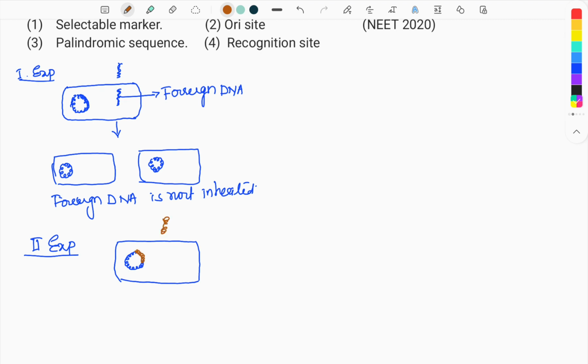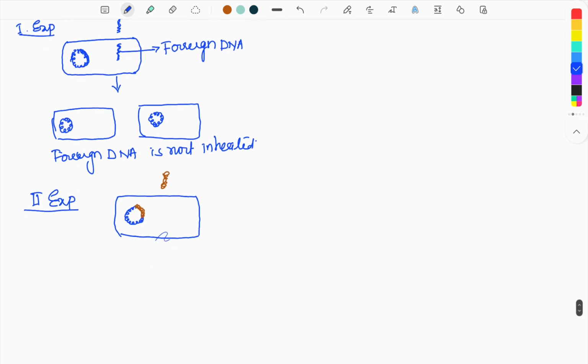So this is the foreign DNA which we have inserted. Now we let it undergo the binary fission that gives rise to two daughter bacteria. So in daughter bacteria, we see whether that foreign DNA is inherited or not.